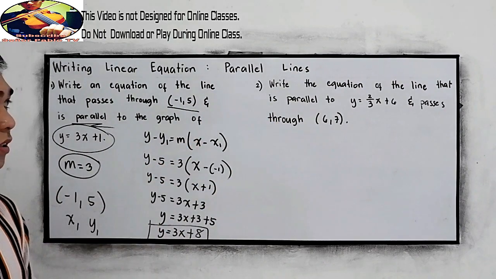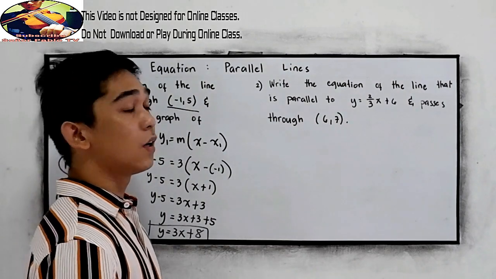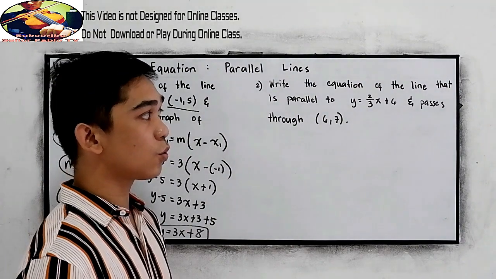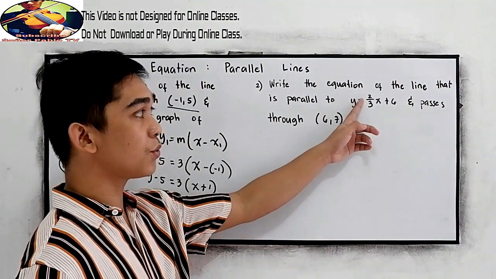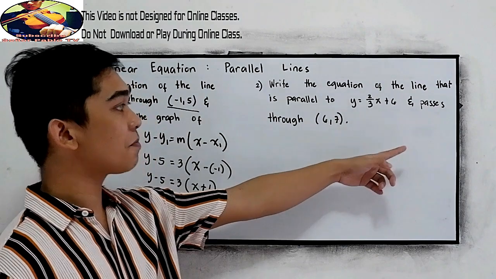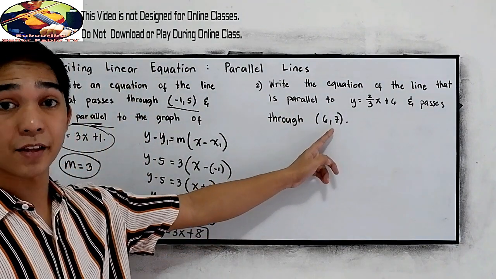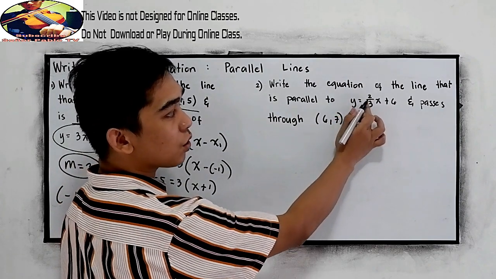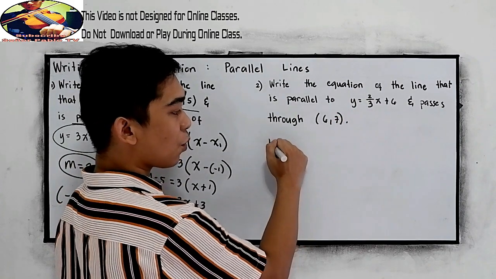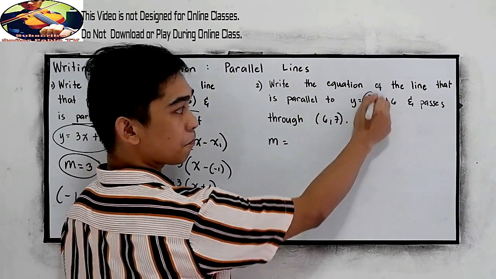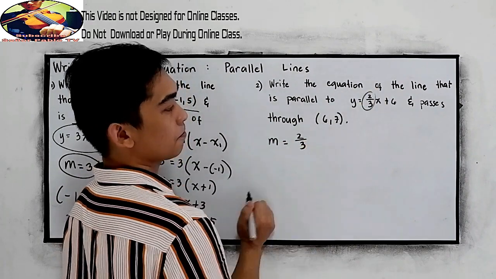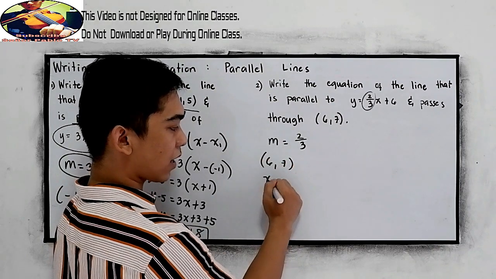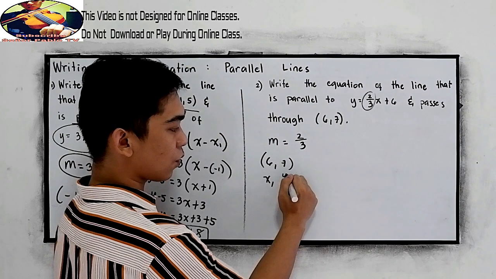Another example, number 2, write the equation of the line that is parallel to y is equal to 2 over 3x plus 6 and passes through 6, 7. So y is equal to 2 over 3x plus 6, so our m is 2 over 3. And our point 6, 7 is x sub 1 and y sub 1.